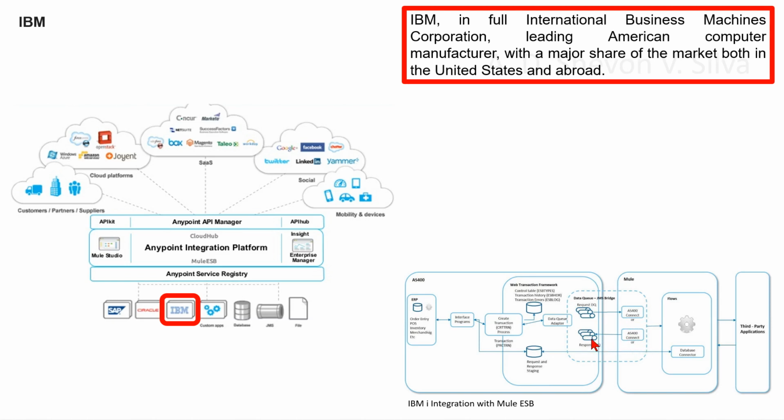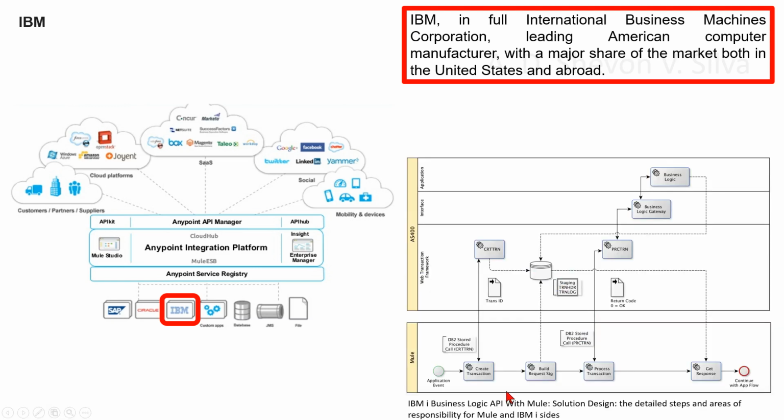The data queue JMS bridge is connected to flows, and the request and response staging interacts with the database connector. The database connector is inside flows, and flows are inside Mule, and Mule interacts with third-party applications.